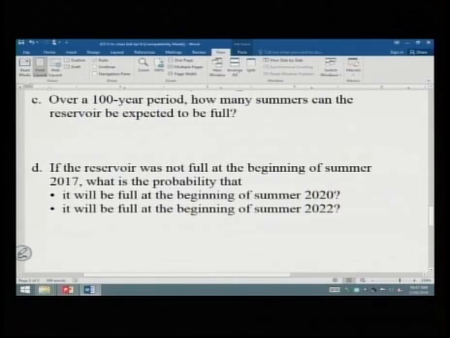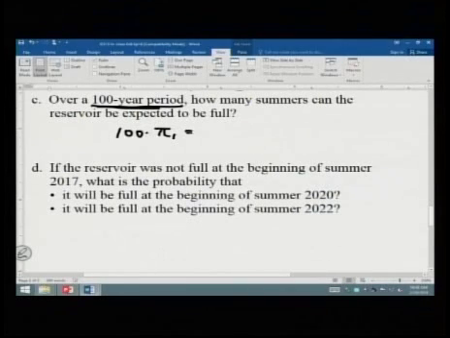So how do you answer that? 0.667. But the thing is, it's specifically mentioned that it's over a 100-year period, so you need to multiply 100 years times pi 1.